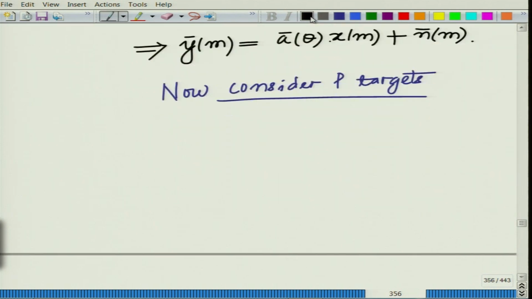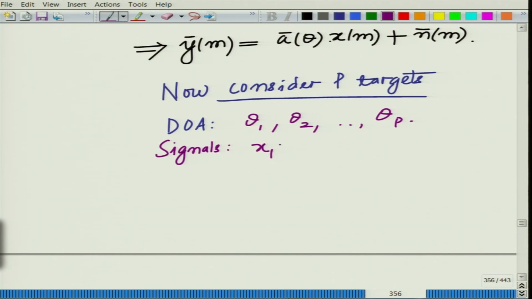The DOAs of the p targets can be theta 1, theta 2 up to theta p, and the signals can be x1 of m, x2 of m, so on up to xp of m.